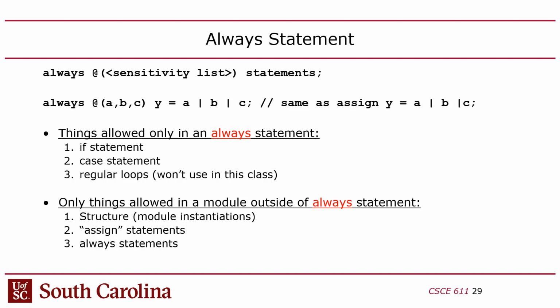The idea is that you give a sensitivity list, which is the list of signals which, when they change, is when the always statement is evaluated. What it really means in terms of the deployed hardware is that any of the signals in the sensitivity list will potentially cause the output to change.